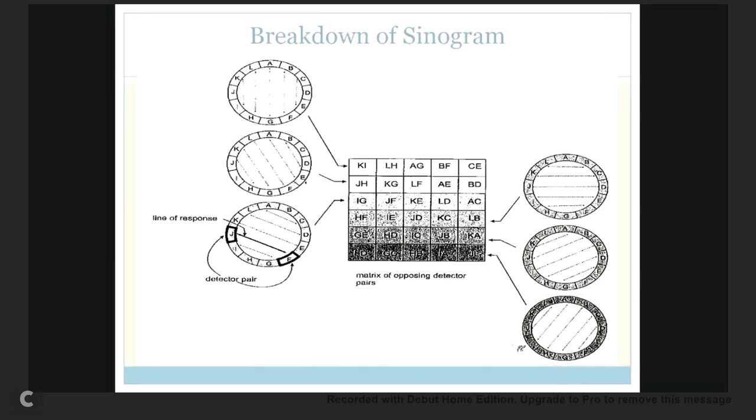Okay. All right, so this is the breakdown of the sinogram. Every line has an A, B, C. I don't know if you can see it so well, but there's A, B, C, D, E, F, G, H, I, J, K, L, and so forth. Those correspond to each other: A and G correspond, B and F correspond.